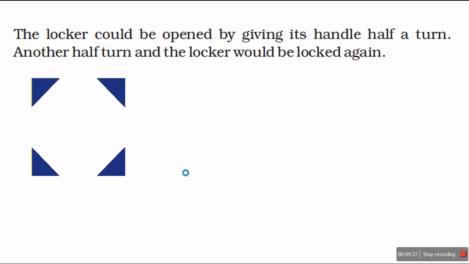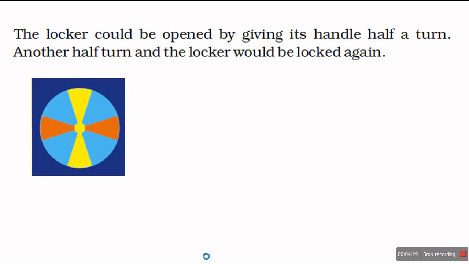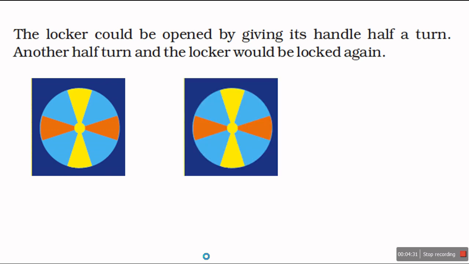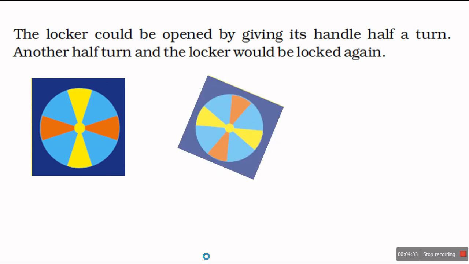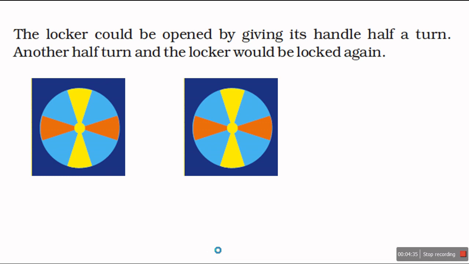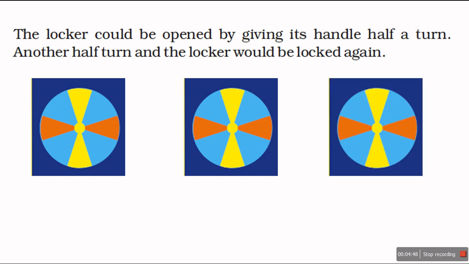This is the locker head. Let's see, if I give it a half turn, it becomes like a complete turn. So the king was confused whether it was closed or open. So it was easy for thieves to take things out of the locker.